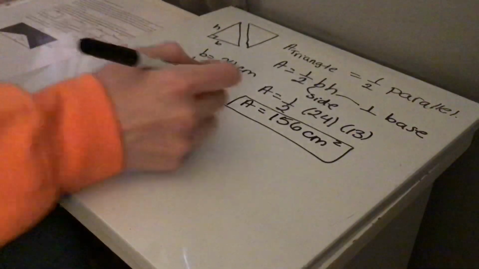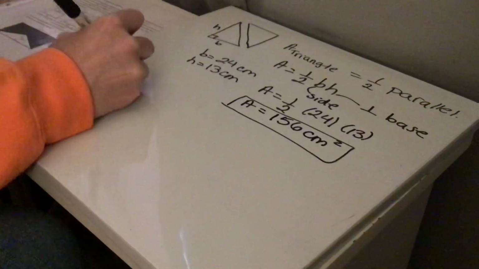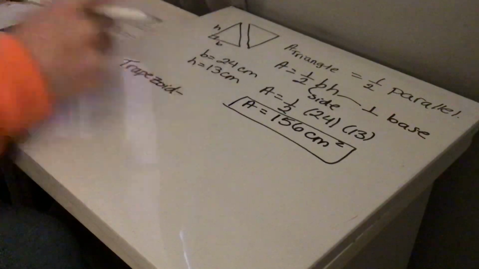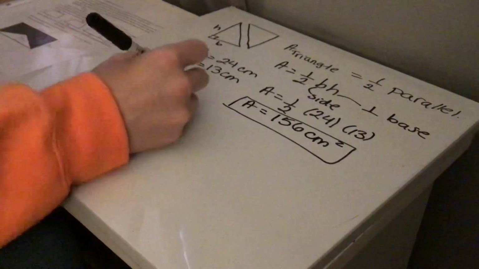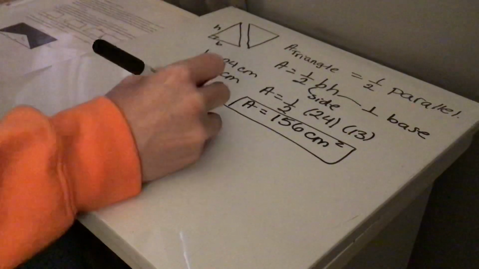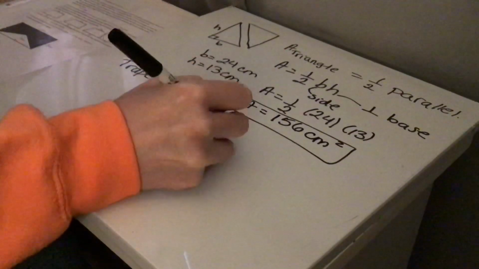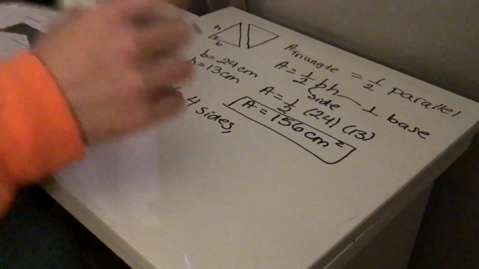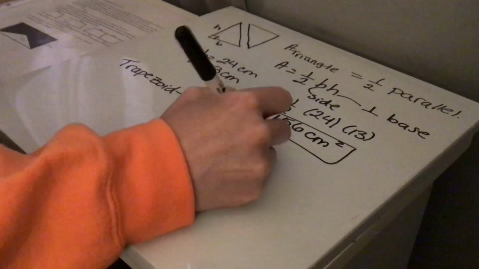All right, a trapezoid. So we need to know what a trapezoid is. A trapezoid is a quadrilateral, so it has 4 sides. It's a little bit different than a parallelogram because it has only one pair of opposite sides that are parallel.